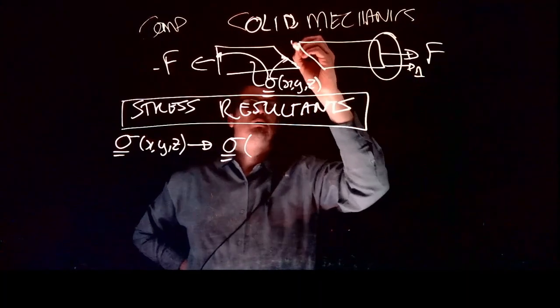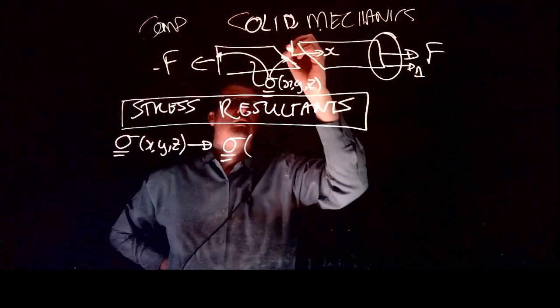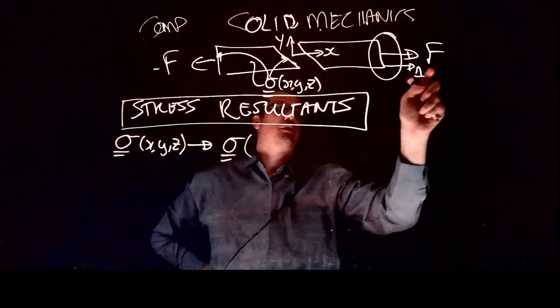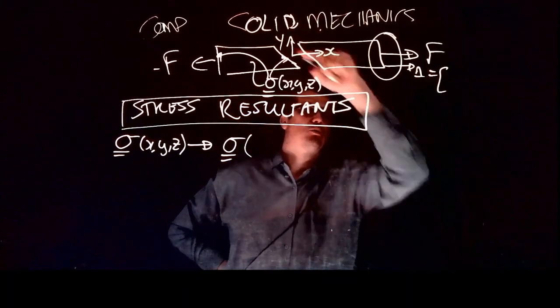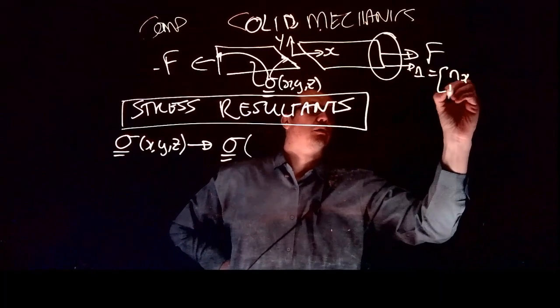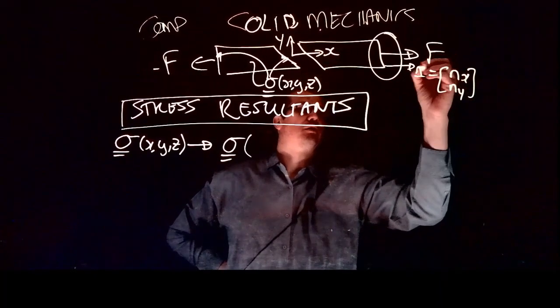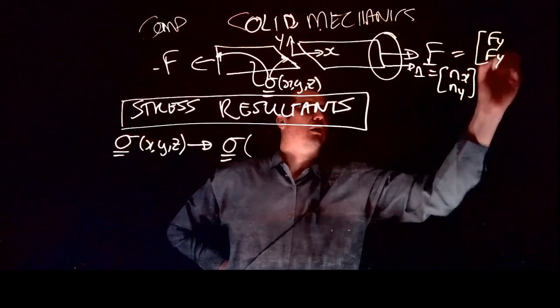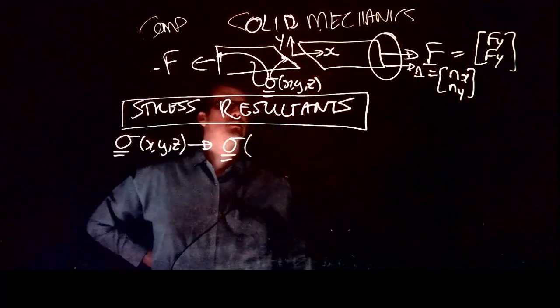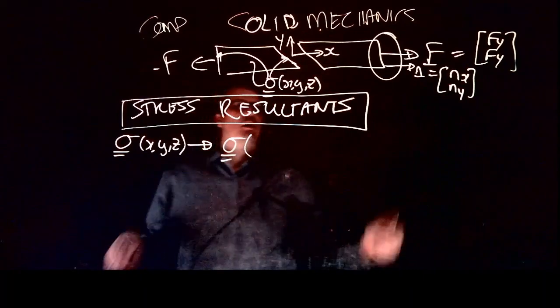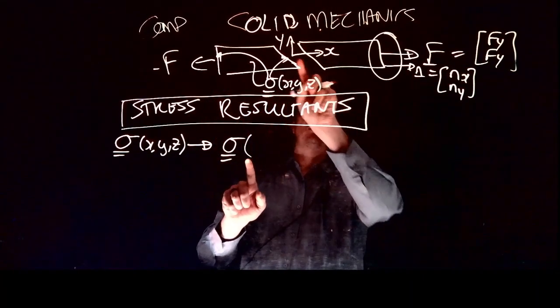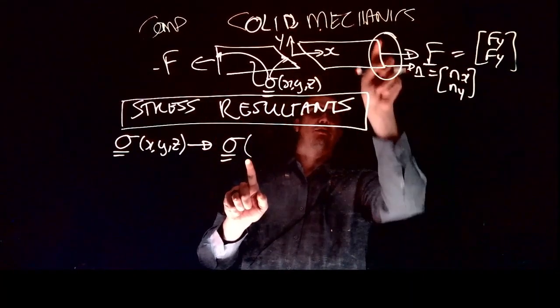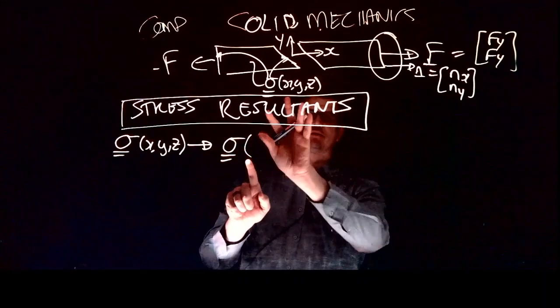Important, we have a coordinate system. The N components, Nx and Ny, are expressed in this coordinate system. This force vector, its Fx and Fy components, are expressed in this coordinate system. I want to make sure that I evaluate my stress tensor at this face where I would like to know the stress resultant.